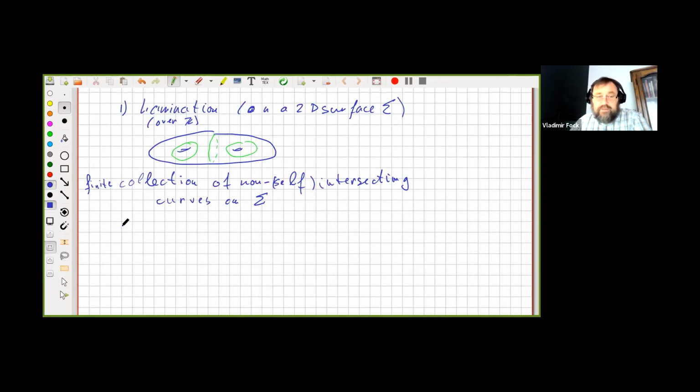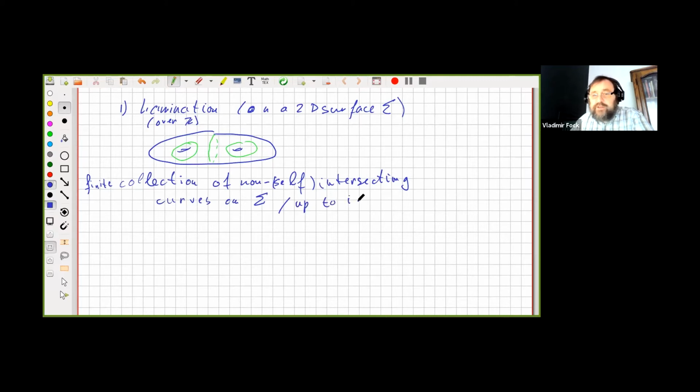Now, why is it interesting to study this space? First of all, the space of laminations is formally just a discrete collection of self-non-intersecting curves, considered up to isotopy.